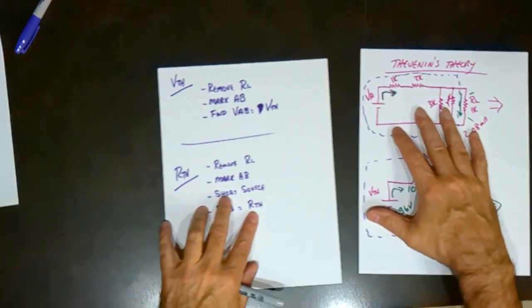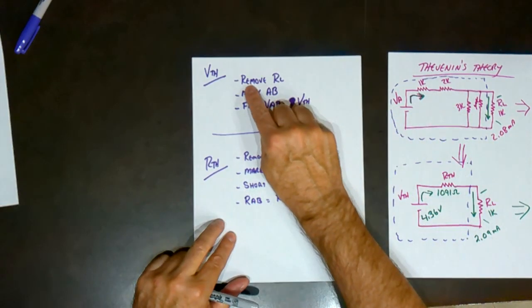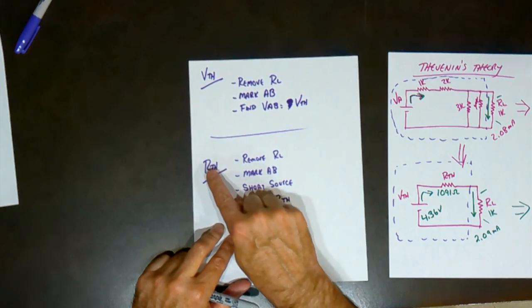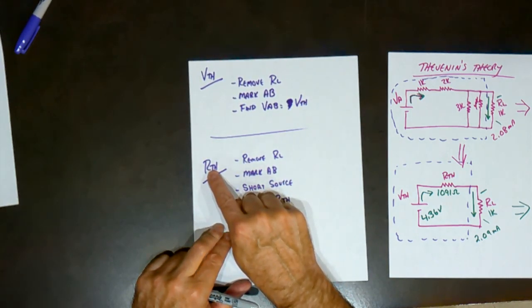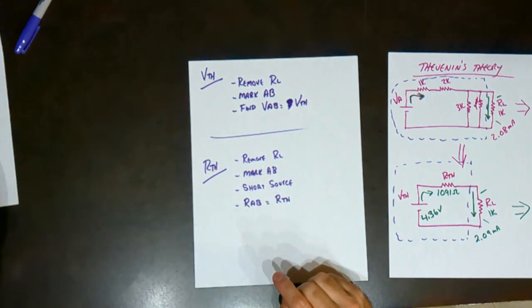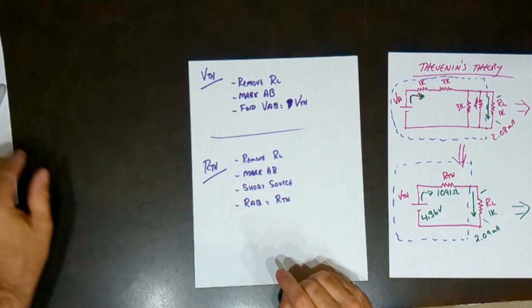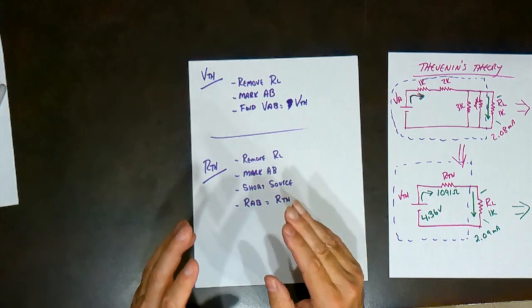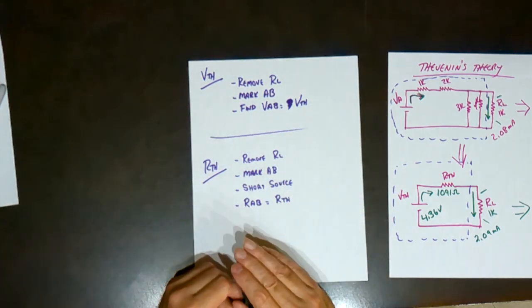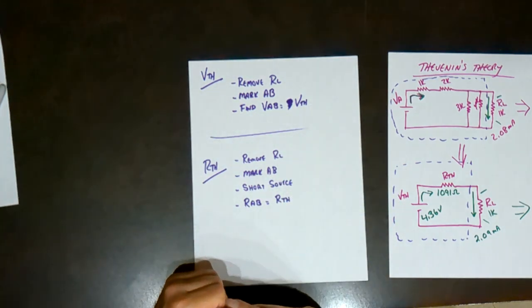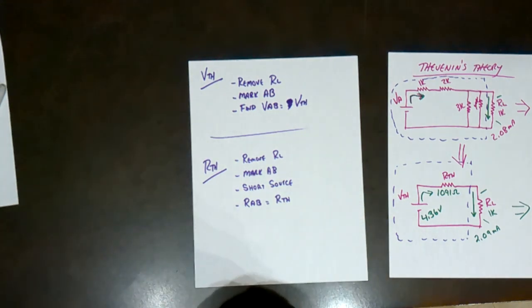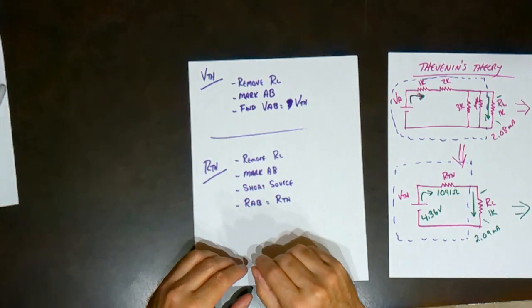Being able to calculate it, there's a procedure for Thevenin's voltage and a procedure for Thevenin's resistance. So there are videos on Blackboard that show you examples of different Thevenin calculations. And then on Blackboard there's also a printable procedure for Thevenin's.